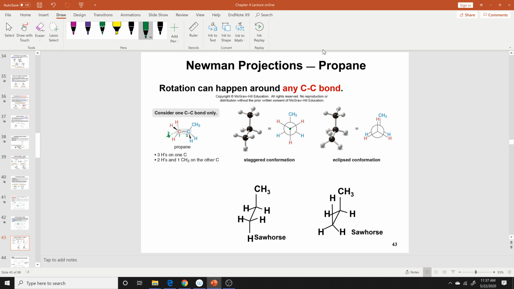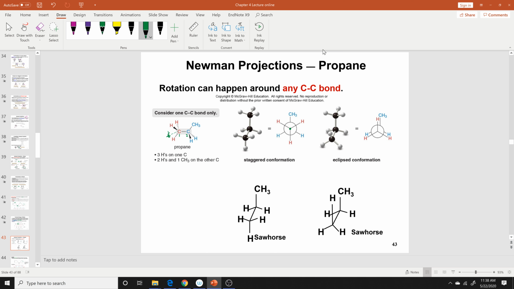If I want to draw it in the Newman projection, that's going to be in front. It has 3 hydrogens. The carbon at the back has 2 hydrogens and it has a CH3 over here. And as I mentioned, always make sure that the big groups are on the vertical line as much as you can, and the carbon chain is along the vertical line. Now, this is the staggered conformation.